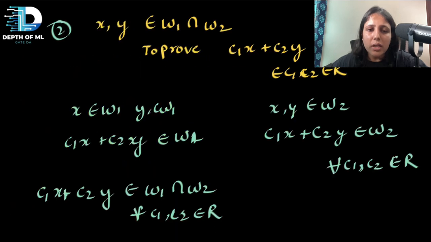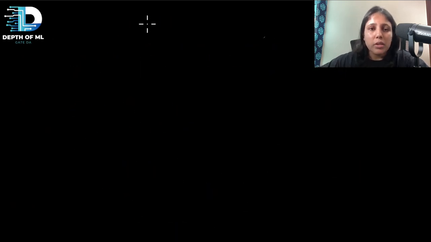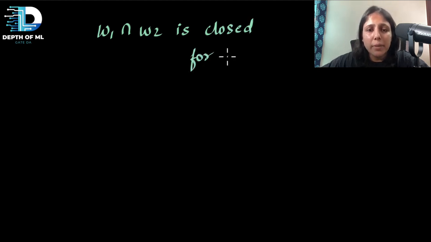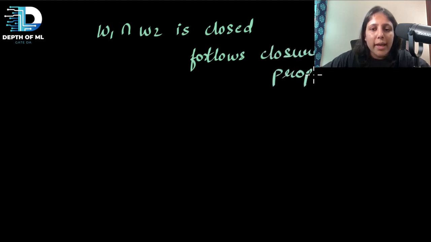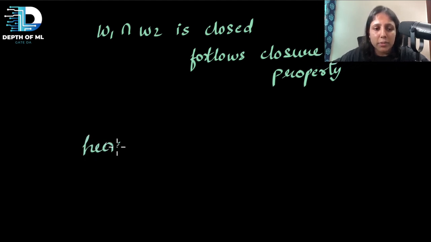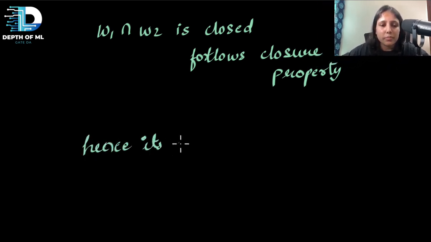Because I just proved to you that W1 intersection W2 is closed, or follows the closure property. Hence it's a subspace. Hence it's a valid subspace.